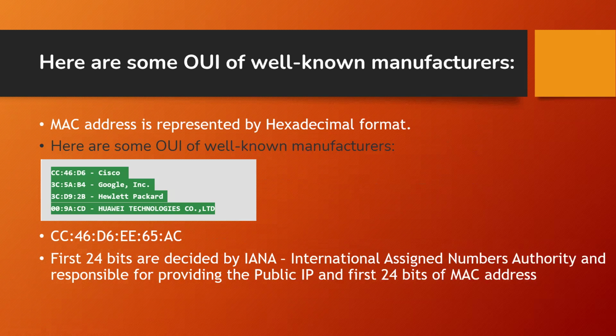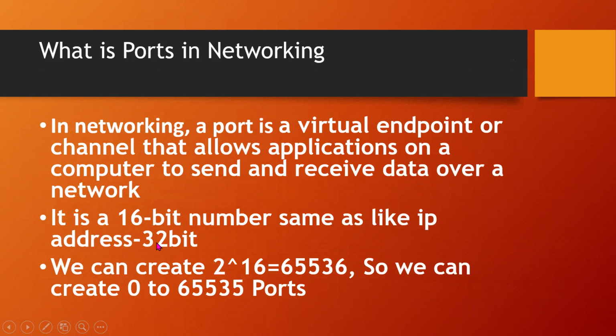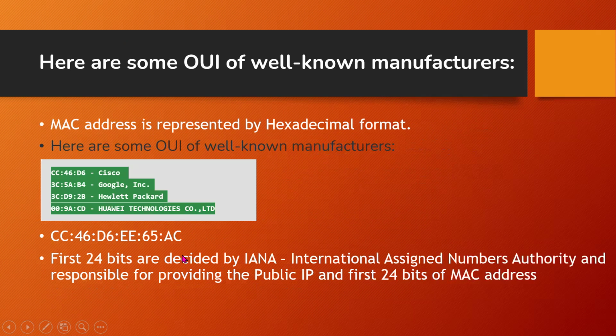For example, if you have Cisco, Cisco will give you an address like this. You can see it will be defined in this way. I will make it a little bigger so it's easy to see. This is not the port number, this is your MAC address, and it is defined in this way.